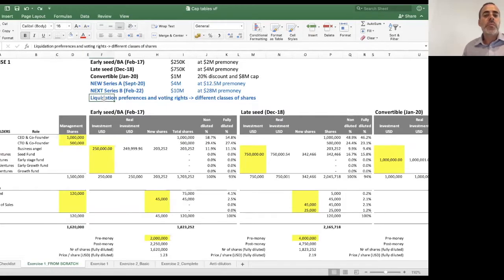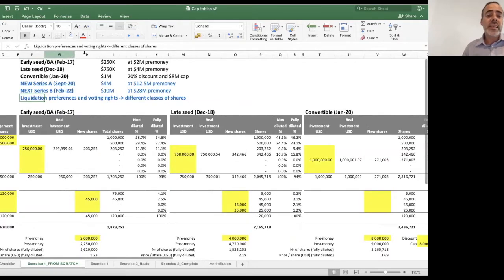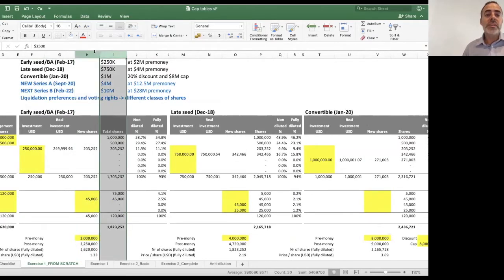It gets a bit more complicated if at every single round there's a new class of shares. I do encourage you to calculate the number of shares for each class because of the voting implications, etc. You can add it here into new shares and total shares, so you split new shares and total shares in those classes.